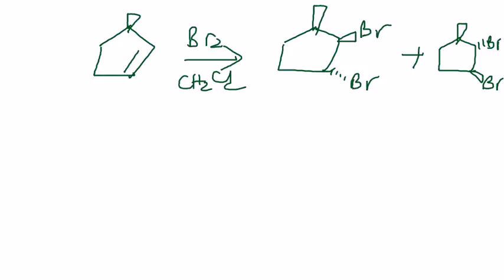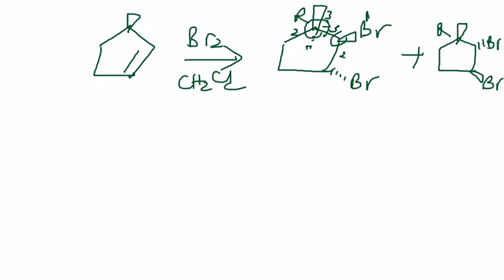So if you work on the priority, this is 1, this is 2, this is 3, and hydrogen is 4. So 1, 2, 3. Looks like we are going R, and so this is R as well. Now for the 2 bromines, bromine gets the highest priority. This side gets the second highest priority. Likewise, this side gets a third priority.